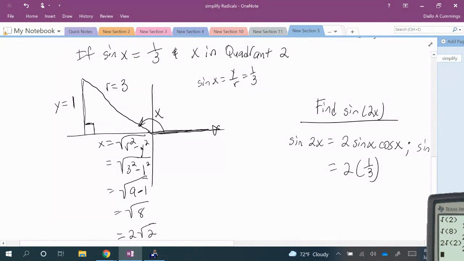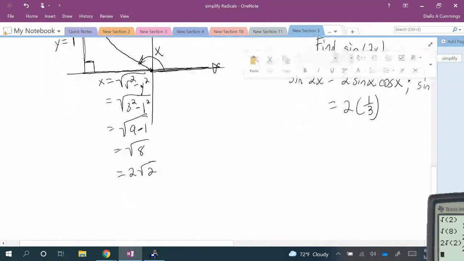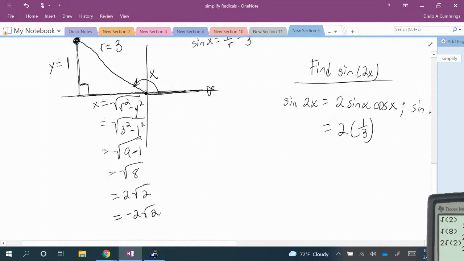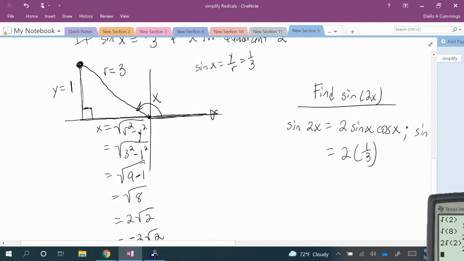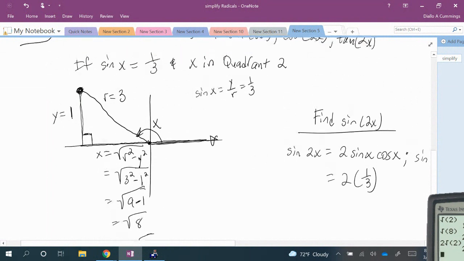So notice my x value here. If this is my point, and I were to write out the coordinates for this point, I would start at the origin and move to the left. Since I'm moving to the left, that makes this value negative. Then I would go up 1 unit.